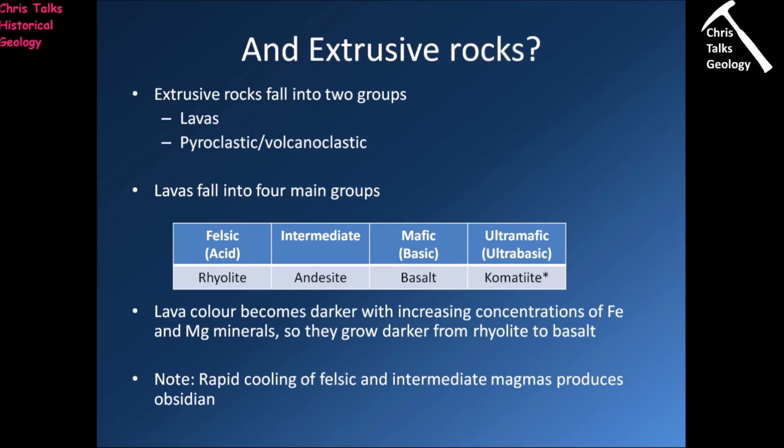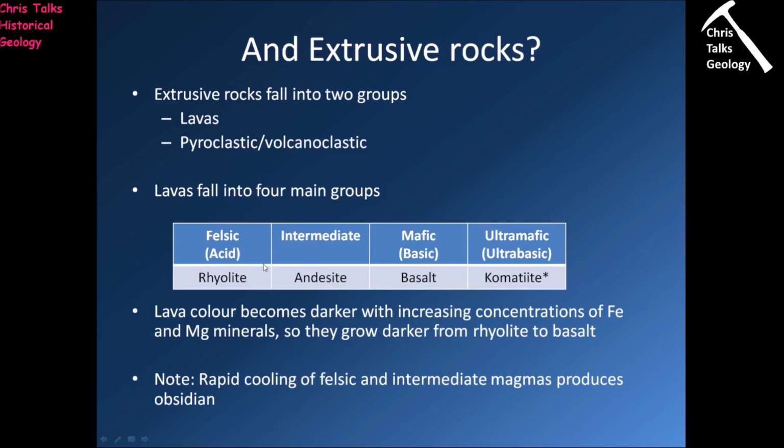And then at this end of the scale, we have lots of sodium, lots of potassium, lots of aluminum, lots of silicon, so we're going to end up forming quite light coloured minerals. So as we go from felsic to ultramafic, we're going to have a steady darkening of the colour of the rock.